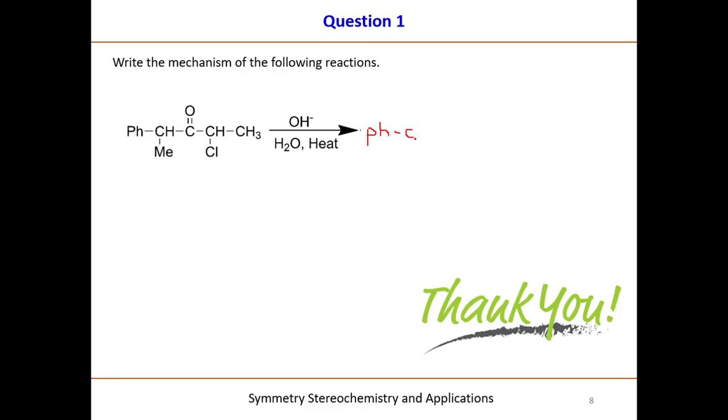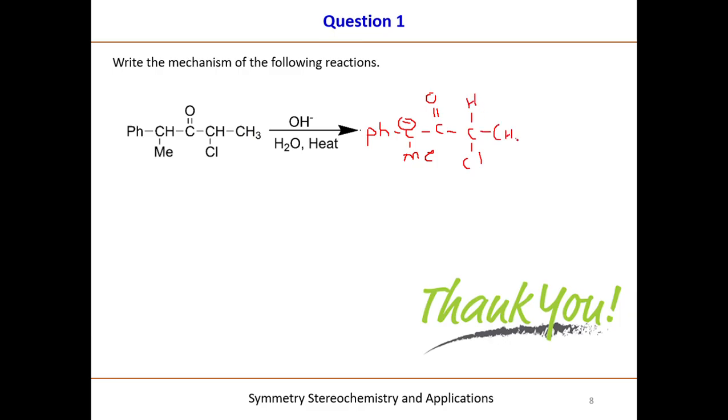Negative charge will generate over here because the proton abstraction is taking place, then the carbonyl group, then the next carbon which has the halogen atom Cl, a proton and an alkyl group, right?